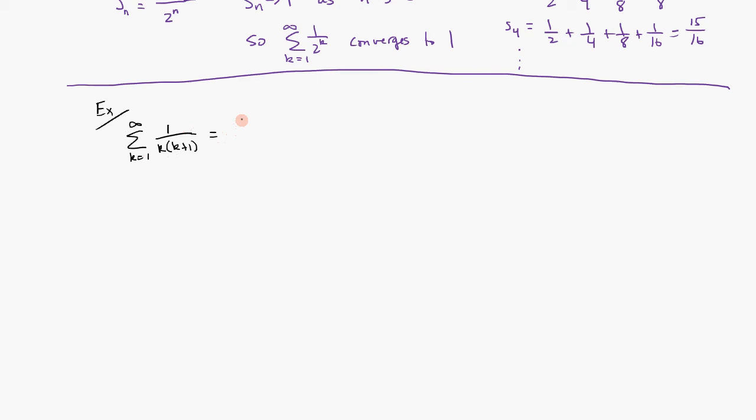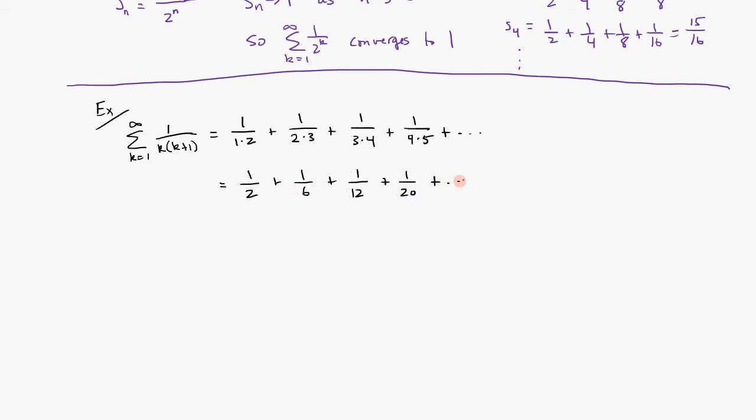So when k equals 1, the denominator is 1 times 2. When k equals 2, the denominator is 2 times 3. k equals 3, the denominator is 3 times 4. The denominator is 4 times 5, and so on. So the first term is 1/2, the second term is 1/6, the third term is 1/12, the fourth term is 1 over 20, and so on.